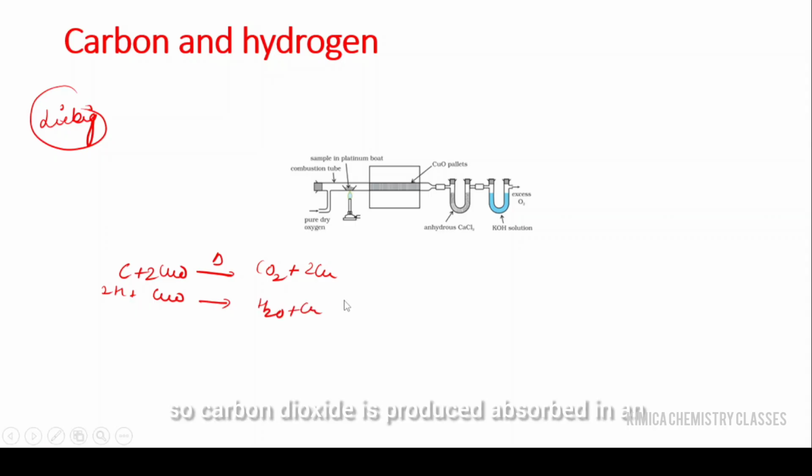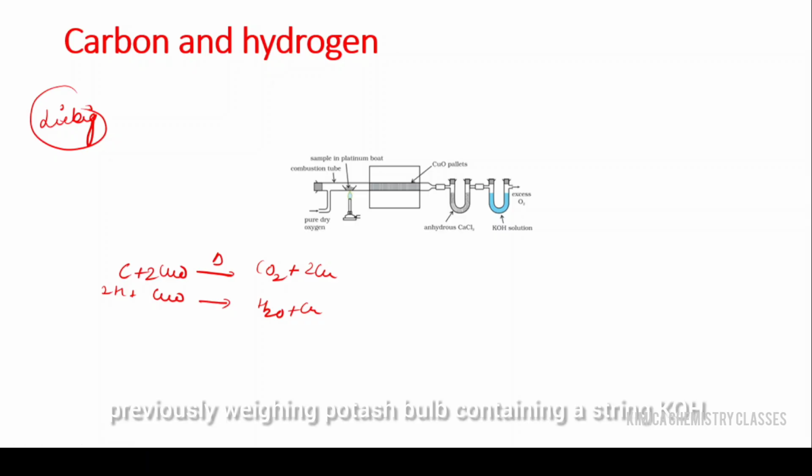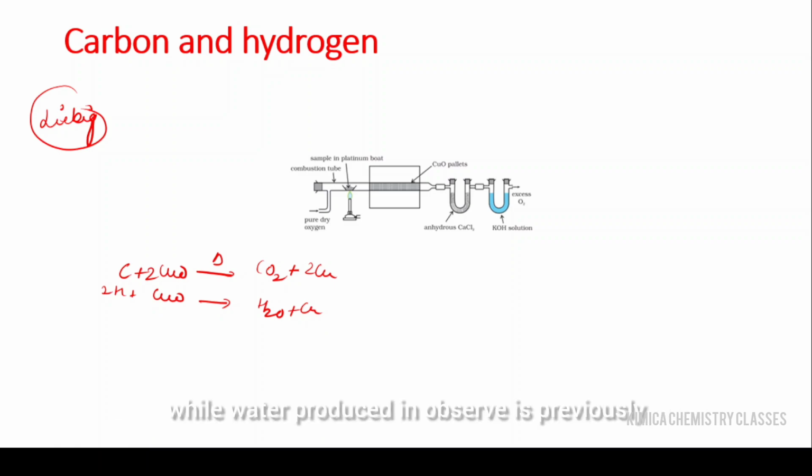So carbon dioxide is absorbed in a previously weighed potash bulb containing strong KOH, while water produced is absorbed in a previously weighed U-tube containing anhydrous calcium chloride. I will explain. As you can see in this diagram, this is used for estimation of carbon and hydrogen.